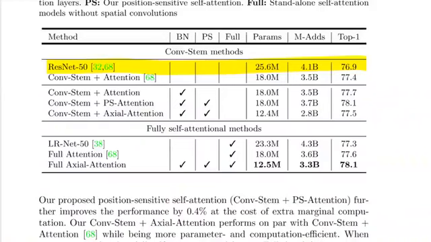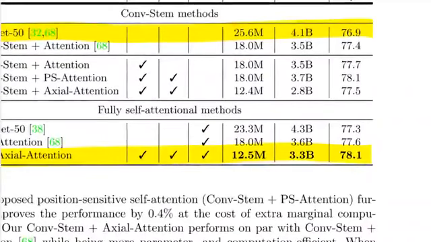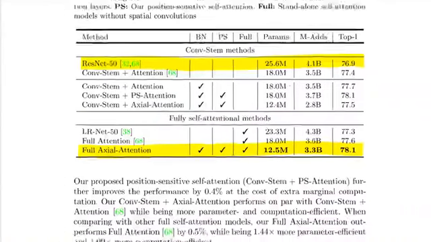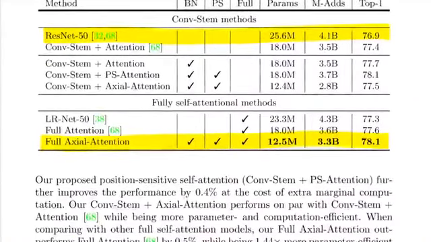The ResNet 50 is a pretty good model. You can see the full axial attention right here achieves a 78.1, also not state of the art, but still pretty good. And as they say, it's the best fully attentional model on ImageNet, or standalone attention model on ImageNet.